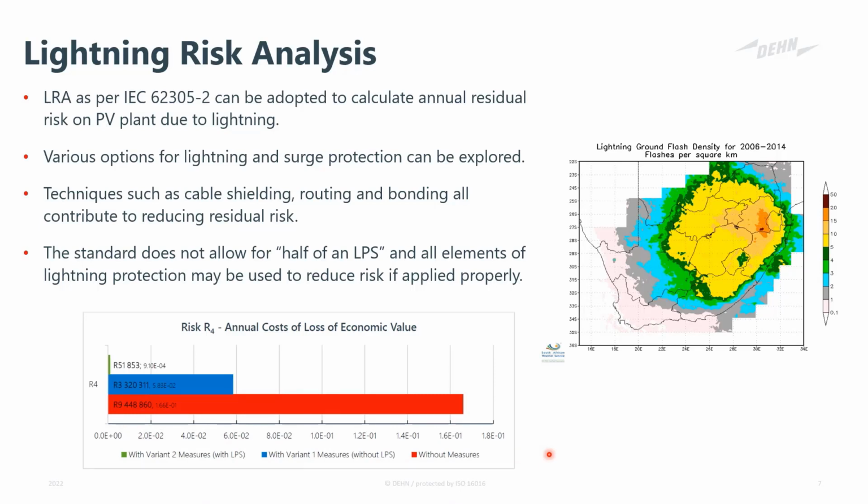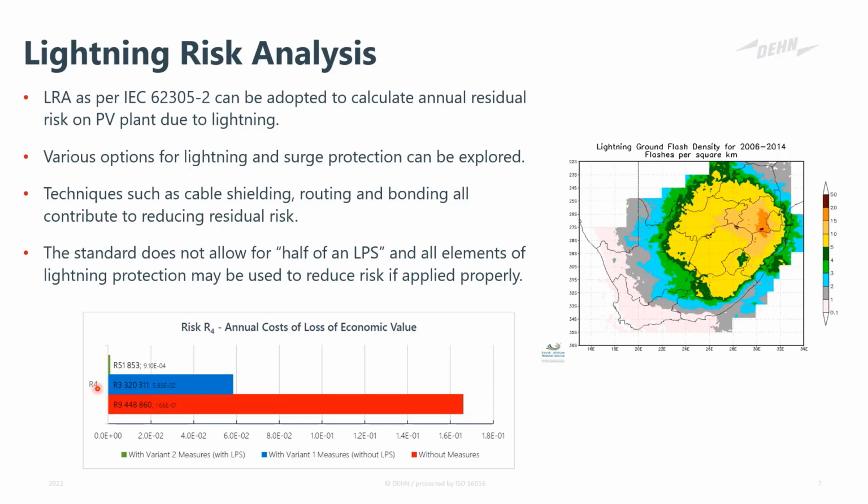If they added some techniques but not the full external lightning protection system, so they added surge protection, bonding, they took care of cable routing precaution, and some earthing was installed, the risk is immediately reduced to about 3.3 million rand per annum worth of lightning related losses, lightning related damage.